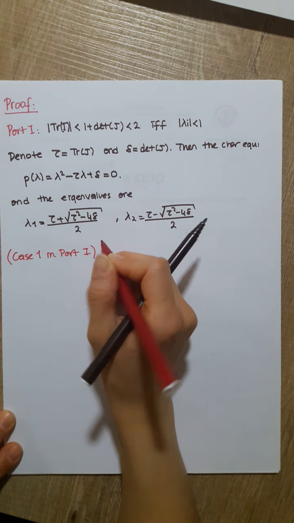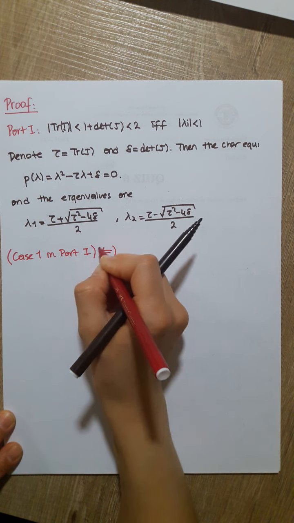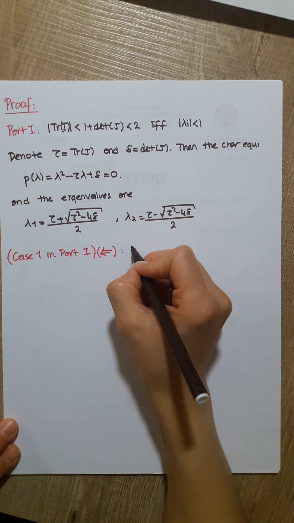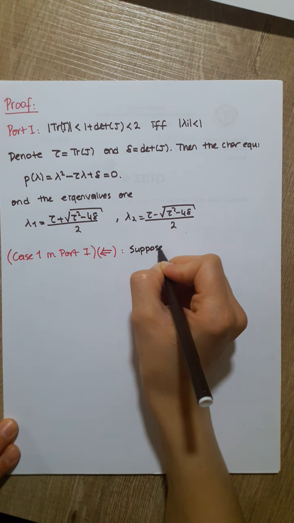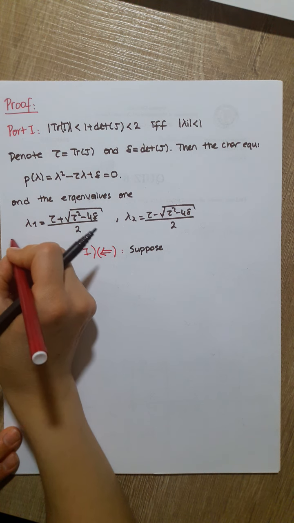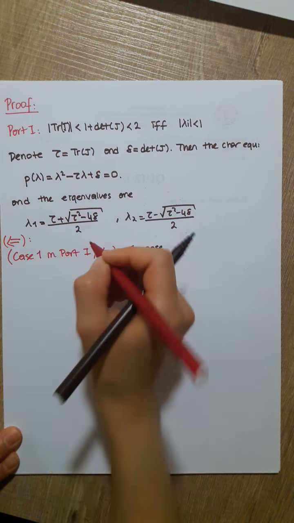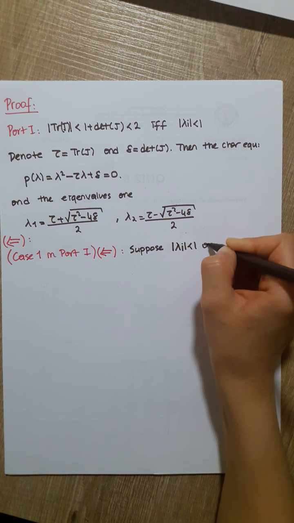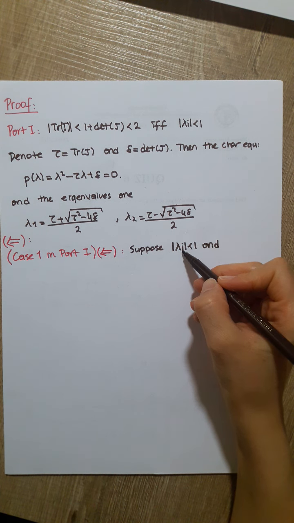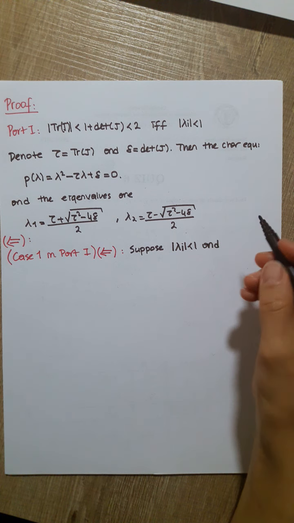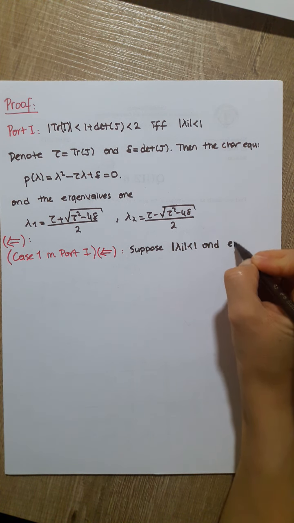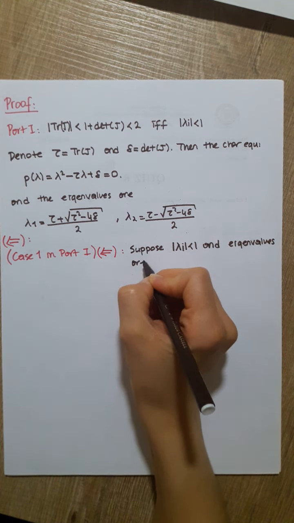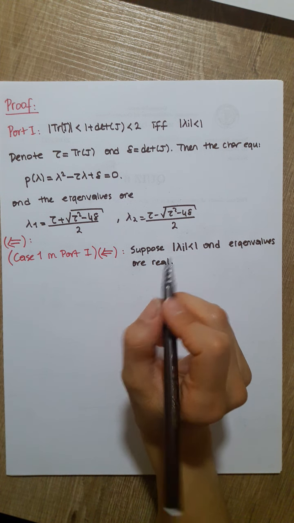So I want to show that this side, which means suppose absolute value of lambda i is less than 1, and they can be real or complex, and first of all I want to assume that they are real, and eigenvalues are real.